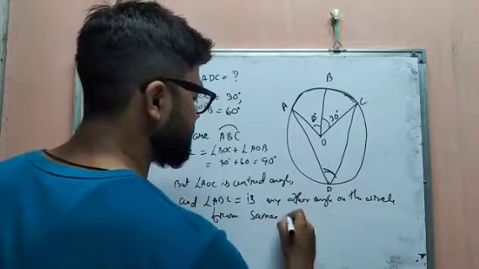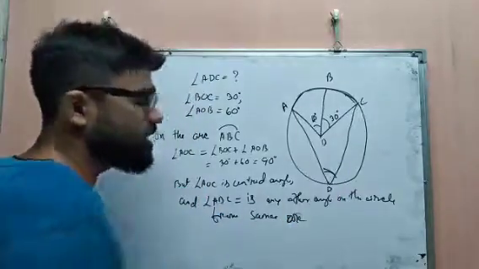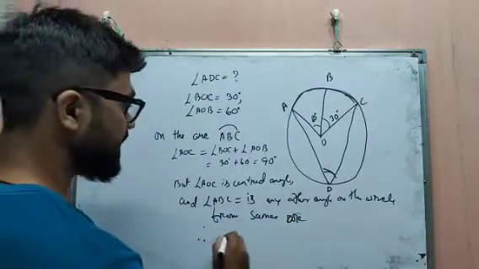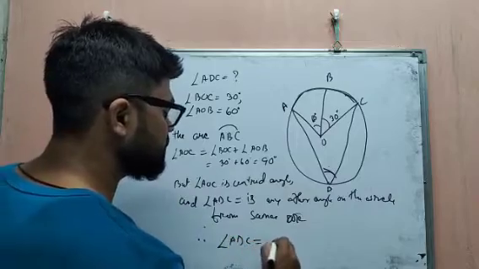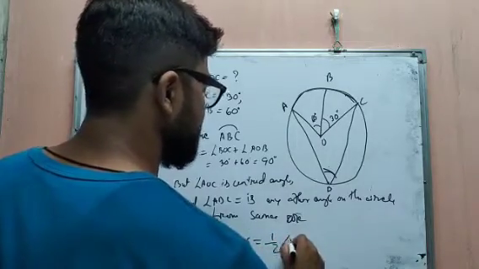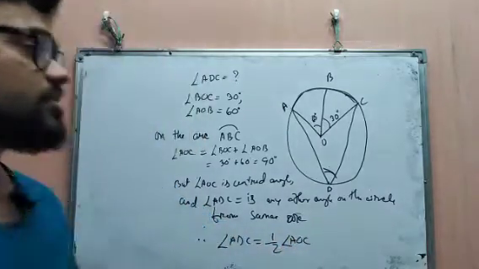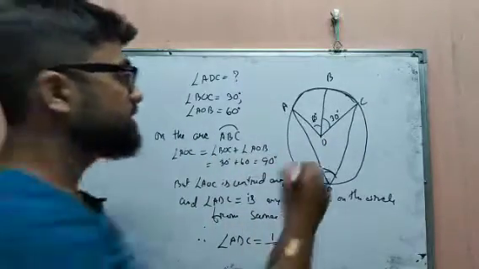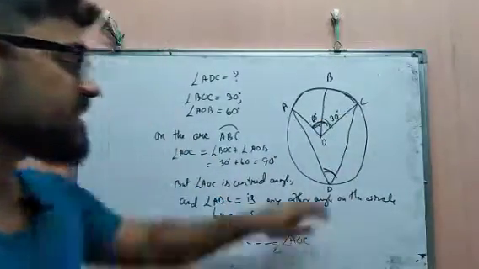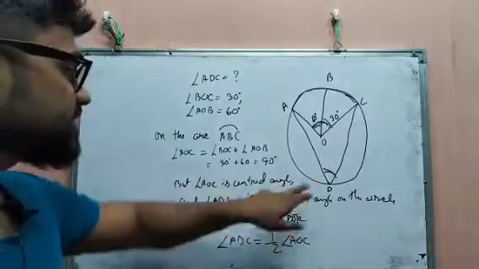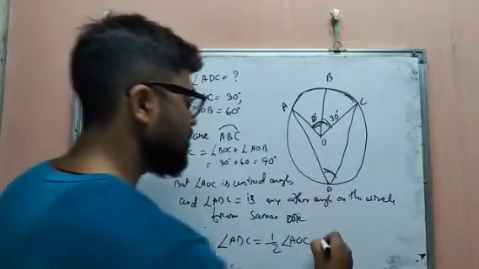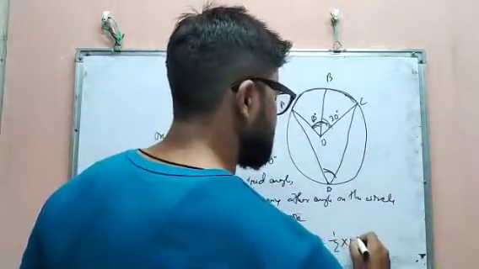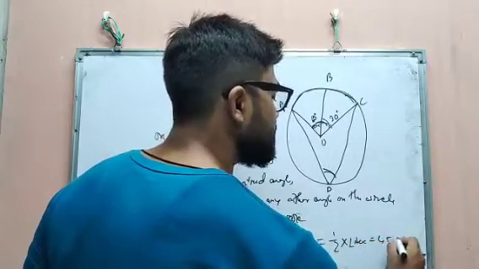So you can say that angle ADC is equal to half of angle AOC. Why is this half? Because as per the theorem, the central angle is always twice the angle formed by the same arc. That means angle ADC equals 1/2 times AOC, so you will get 45 degrees.